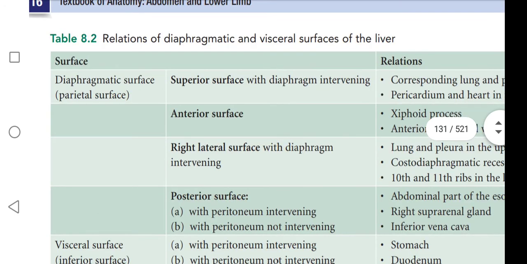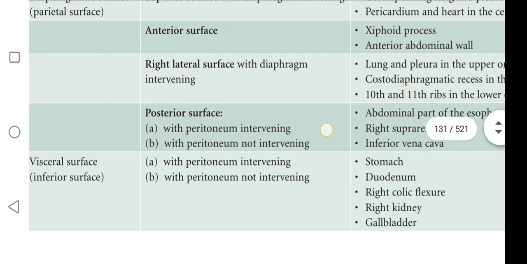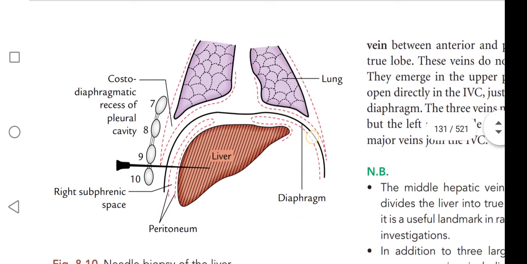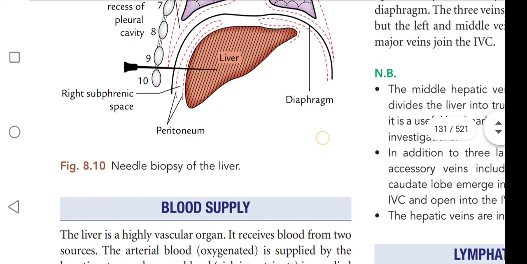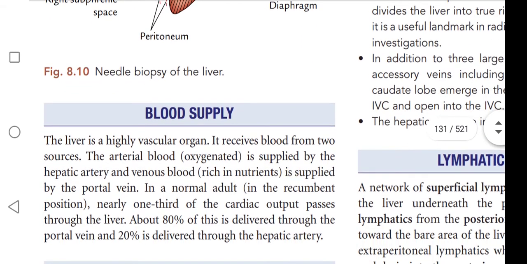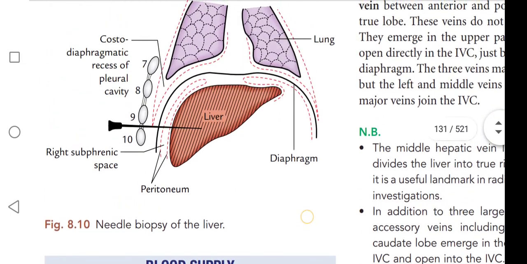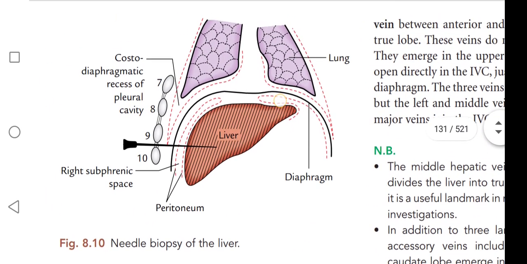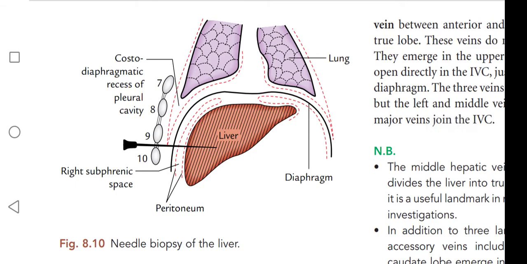Now we have learned about the relations of the diaphragmatic and visceral surfaces of the liver. In the next video we are going to learn about needle biopsy of the liver. See guys, this diagram shows the needle biopsy.